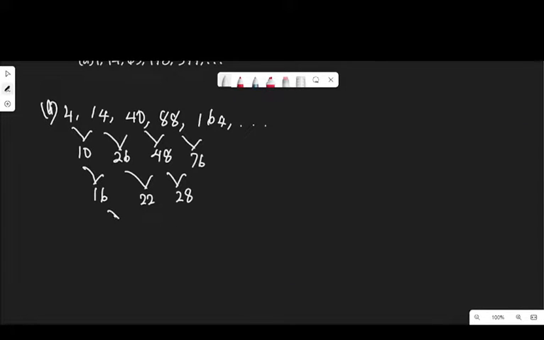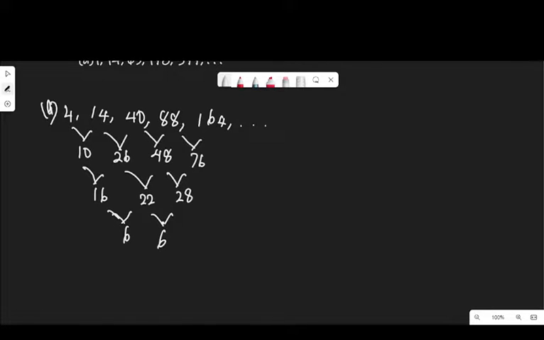Taking the third order difference, 22 minus 16 is 6, then 28 minus 22 is also 6. So we've got a common difference here, which is 6. And we got it from the third order difference because the sequence is a sequence with a cubic rule.